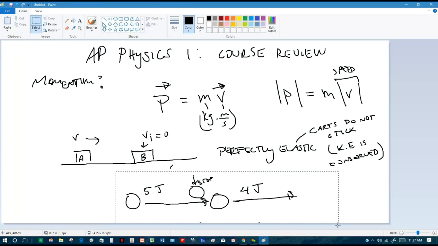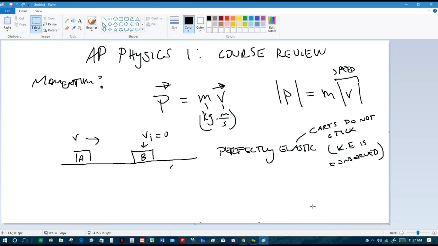So know that in perfectly elastic collisions, this is the case. The first object would collide with the second object. The first object would stop completely, transfer all of its momentum over to block B, and block B would move off.